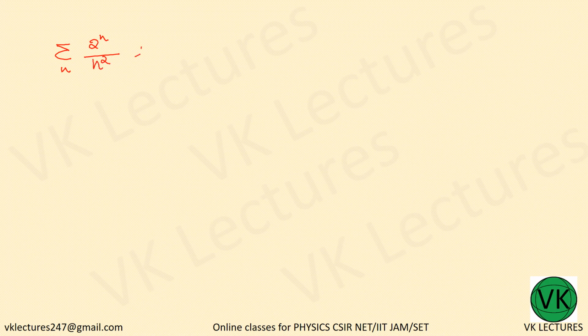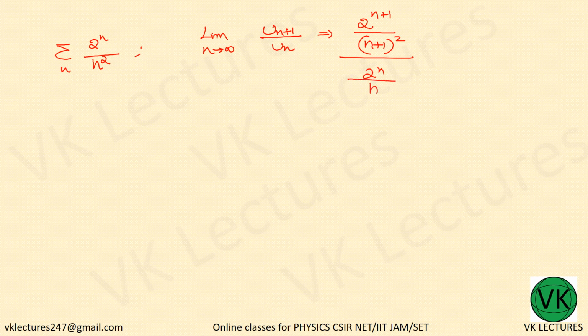Now using the D'Alembert's ratio, we can write limit for n tending to infinity un plus 1 divided by un is equal to, so we need to write 2 to the power n plus 1 divided by (n plus 1) whole square. This is the first term, divided by un, which will be 2 to the power n divided by n square.